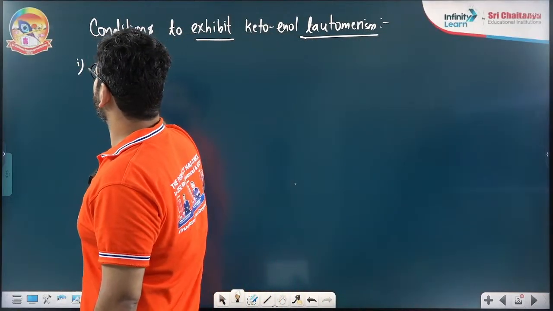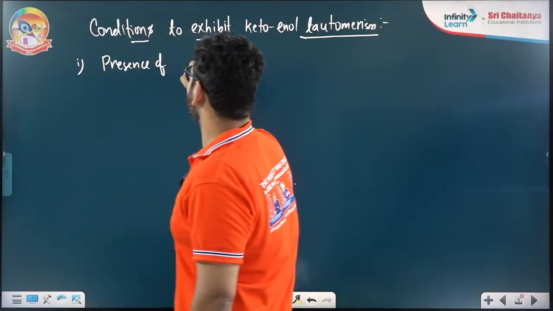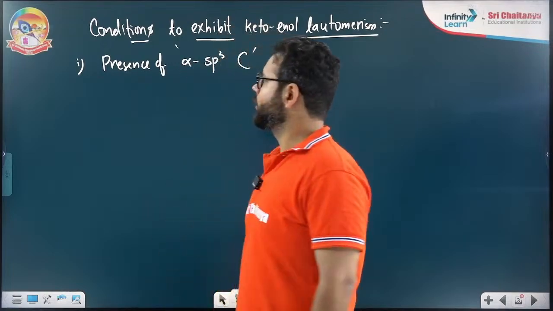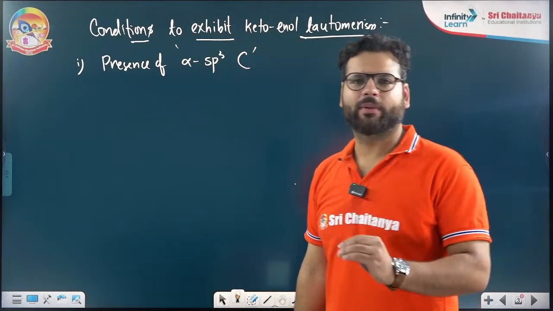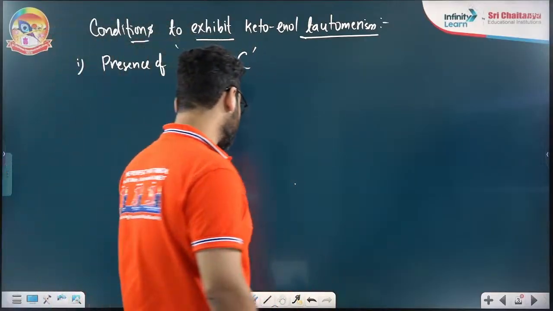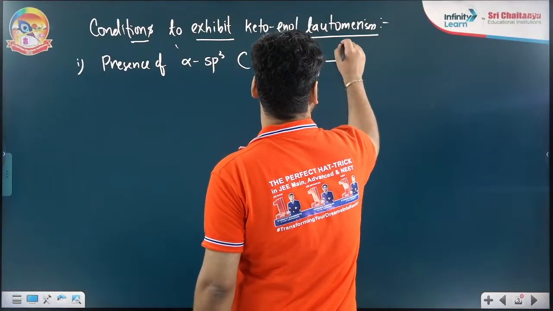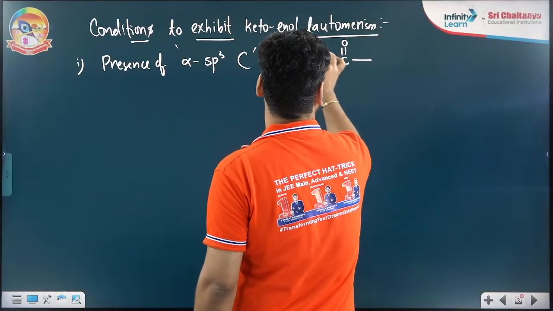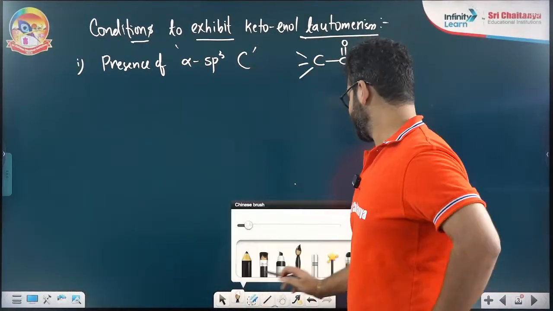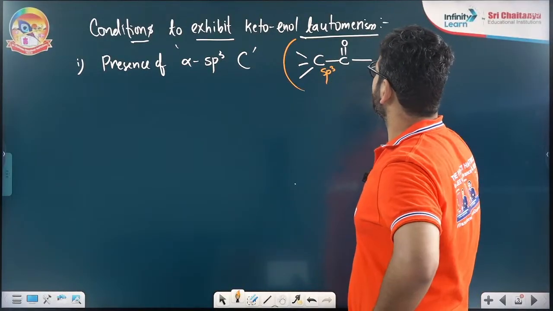First one, presence of alpha sp3 carbon. The carbon directly attached to the C double bond O group must be sp3. So this carbon must be sp3. It should not be sp2, it should not be sp. This must be sp3.